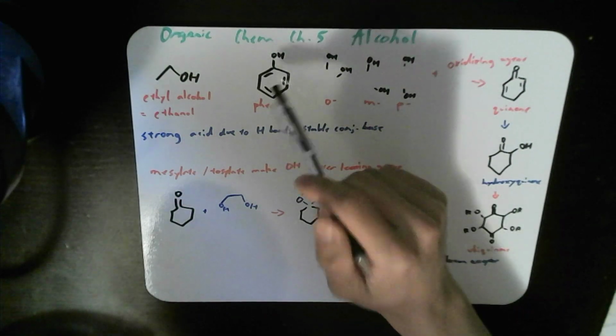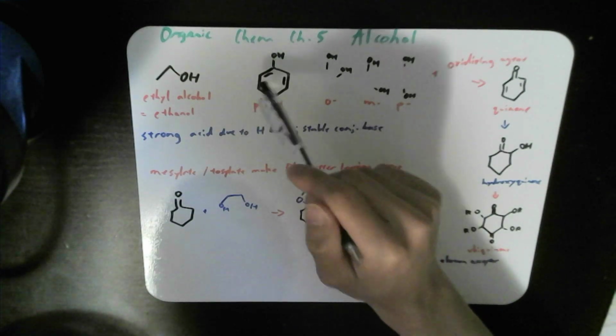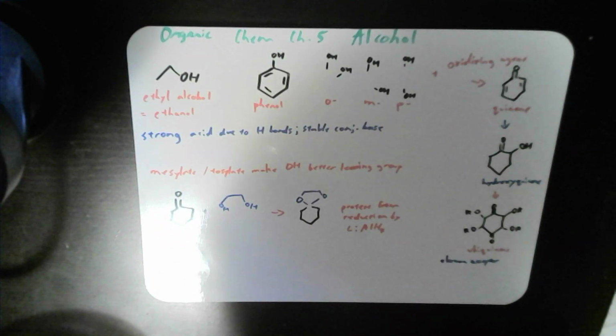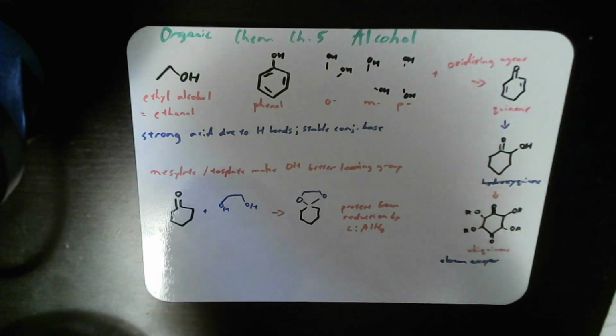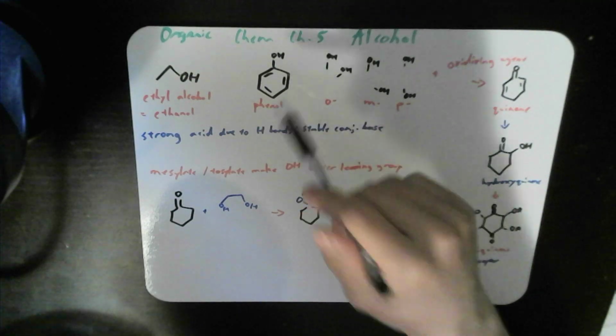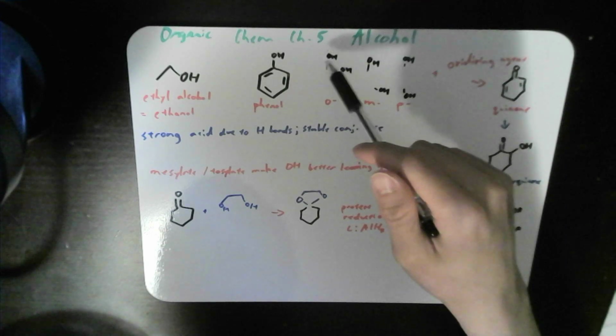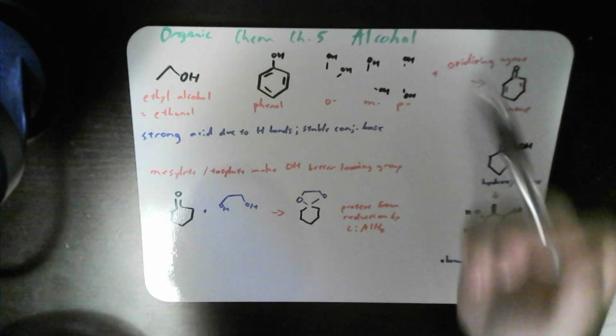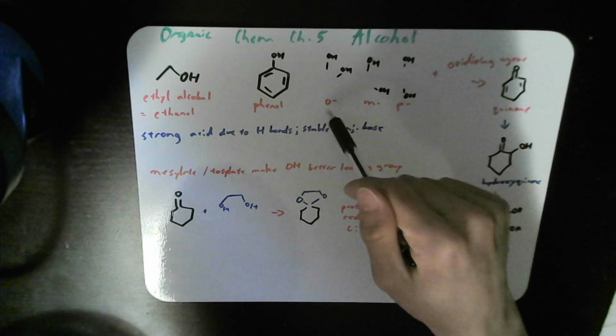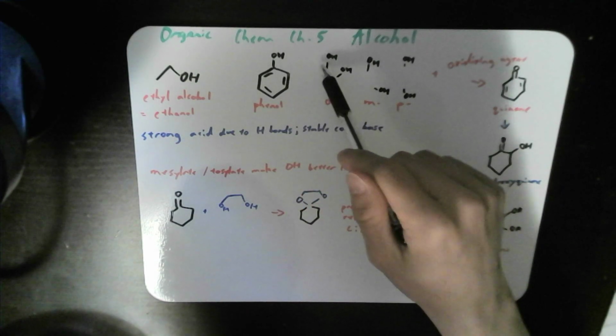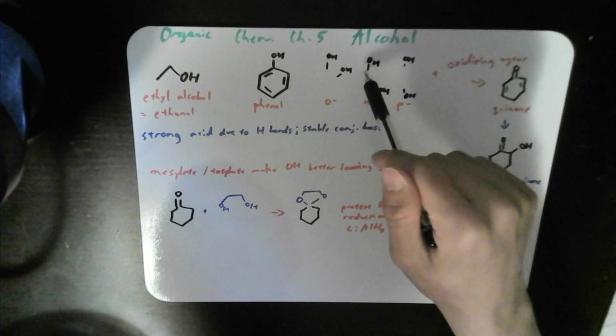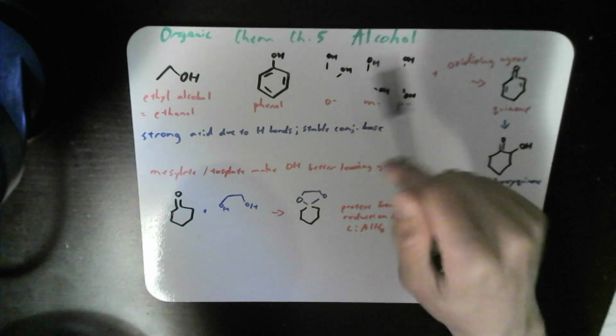If it's attached to a benzene, an aromatic ring, remember the rule 4n plus 2 pi electrons, then it's called a phenol. If it's 2 hydroxide attachments, then there's an O in front of it. O, think about O next to it, and then if it's M, think about M. It's 2 strokes, right?